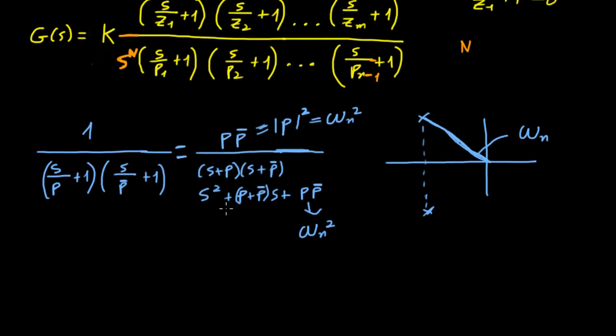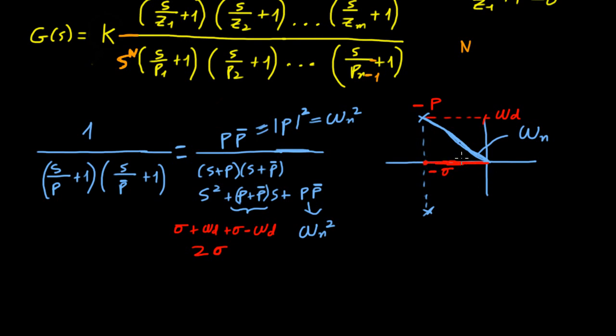In the case of this term, if we call the real part of p minus sigma, and its imaginary part is omega d, here we have s plus sigma plus omega d times s plus sigma minus omega d. That is 2 sigma, 2 times this segment here.